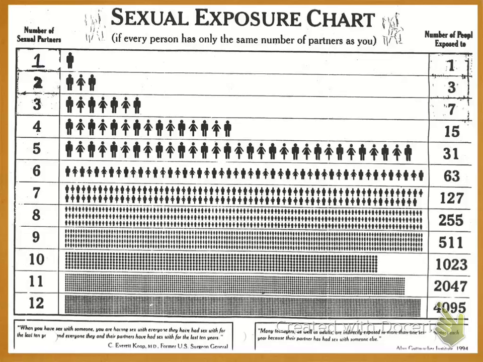And if the same thing happens to the person, that they did not use protection with before that, and back and back and back, so basically you've exposed yourself to all those people that they exposed themselves to without using protection. So if everybody had the same number of partners as you do, you had 2 partners, then basically you've exposed yourself to 3 people because they exposed themselves to 2 as well.